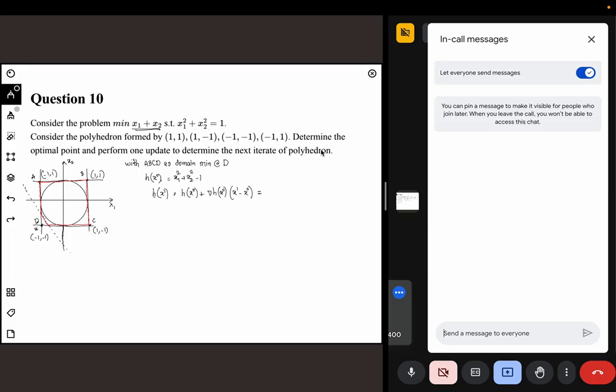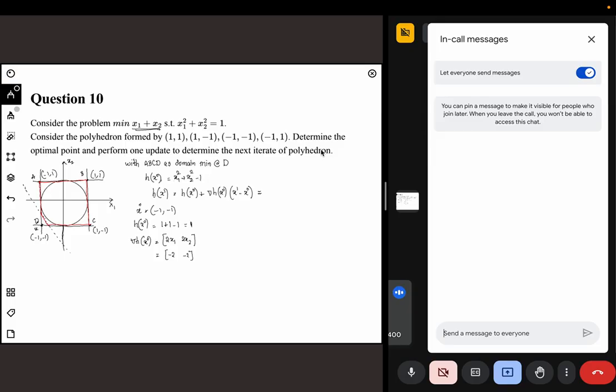What is x naught? x naught is -1, -1. So h of x naught is how much? If I substitute -1, -1 here, it will be 1 plus 1 minus 1, that equals 1. What is the gradient of h of x? It will be a vector 2x1, 2x2. If I substitute this particular point, it will be -2, -2, right?